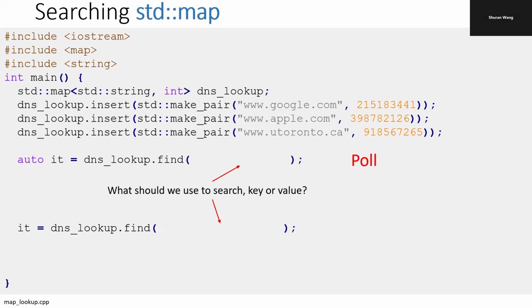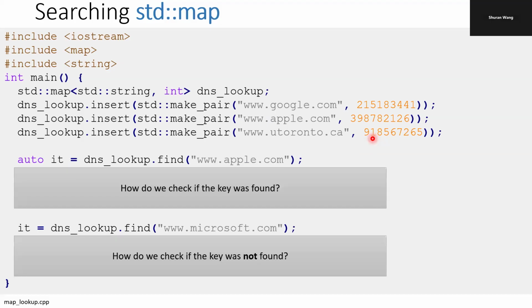It's the key. So the keys are the names that are stored in the strings. And the values are the IP addresses. So when your browser asks the domain name server, what is the IP address? It searches using the name, which is the key. So the browser has a name apple.com and it asks for what is apple.com's IP address. And that's how it's done here.